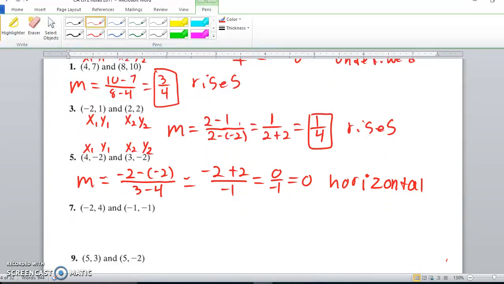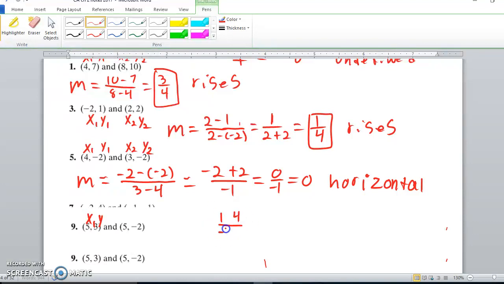All right, so let's see this next one right here. Label the points. So x1, y1, x2, y2.